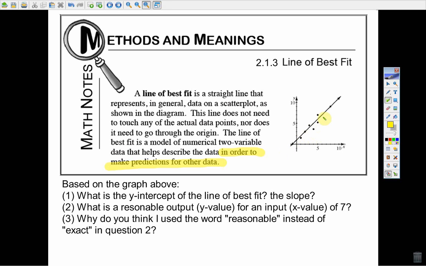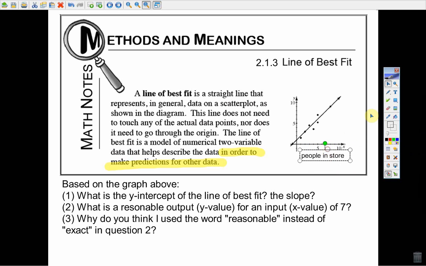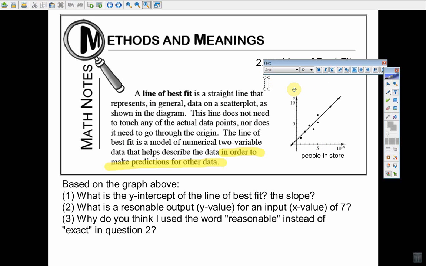You know, if we're collecting information on, say, the number of people that come into the store, maybe that's our x-axis. So maybe we're going to say people in store. And our y-axis, maybe it's the number of items sold. I'm just making that up.